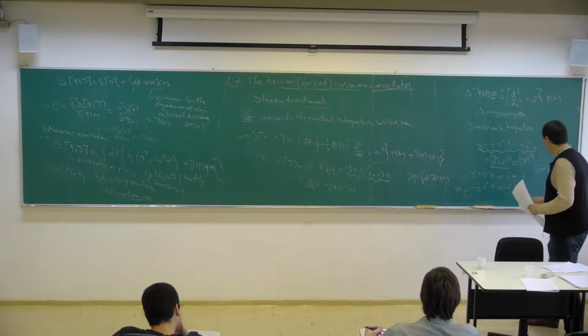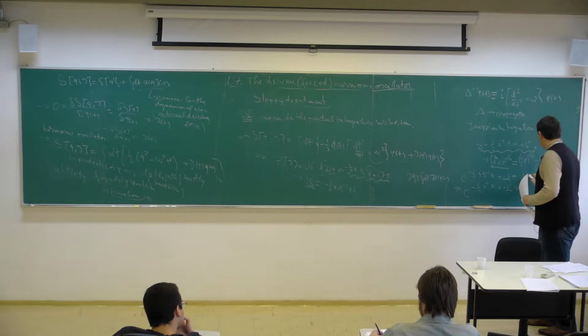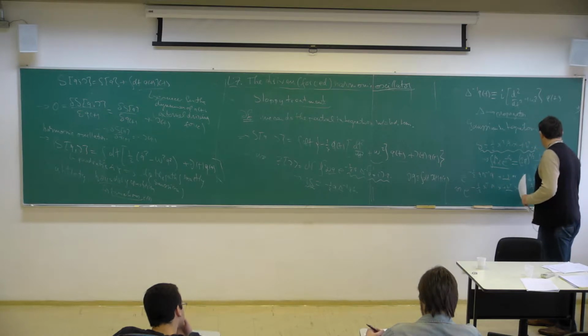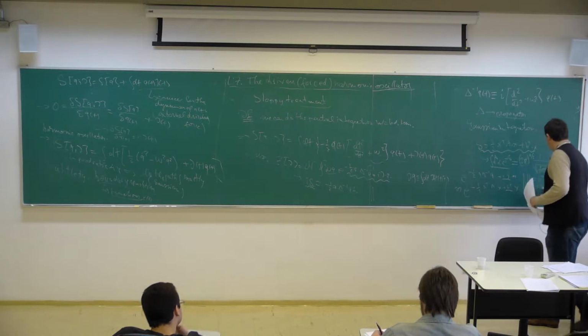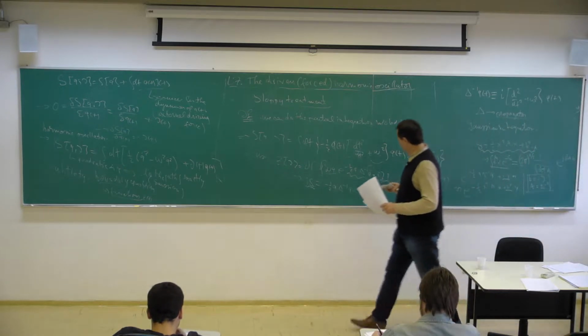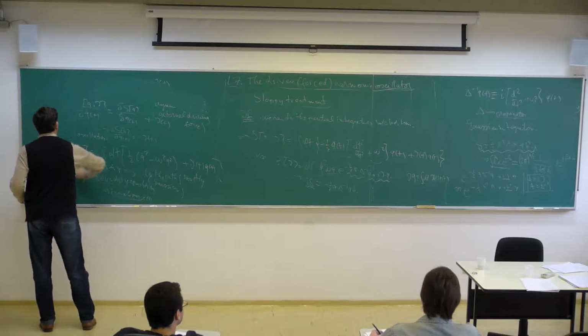So q is x, b is ij, and A is delta minus 1. That's our mapping.